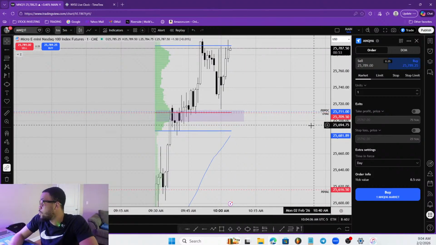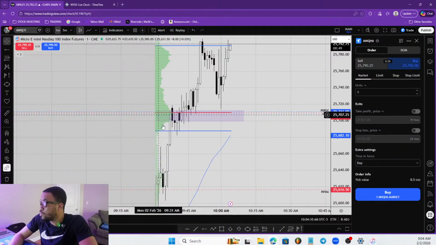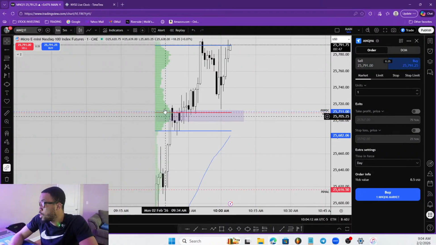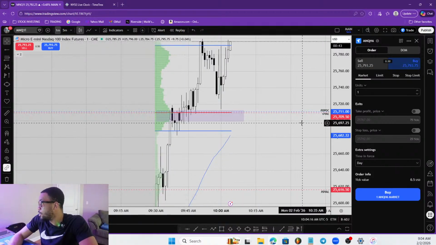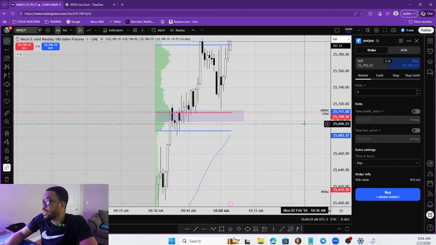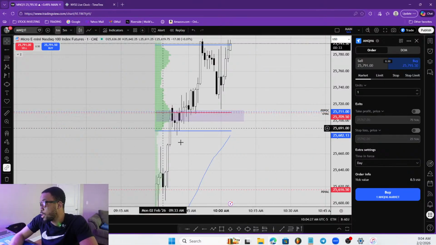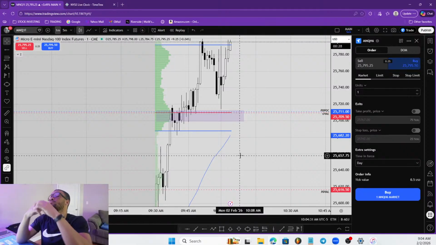But what I was saying was, you got this high volume node right here, which is this green level highlighted purple. You got the overnight value area low, so that right there is a strong support area pretty much. And then you got previous day's POC, which is this blue line right here. So the point of control is... how can I explain this?